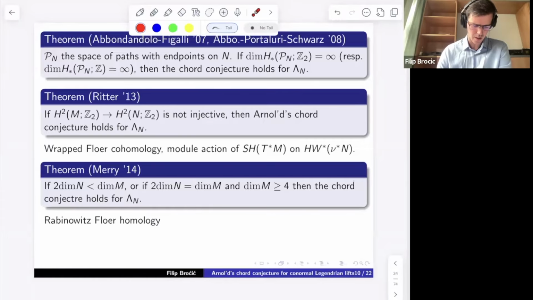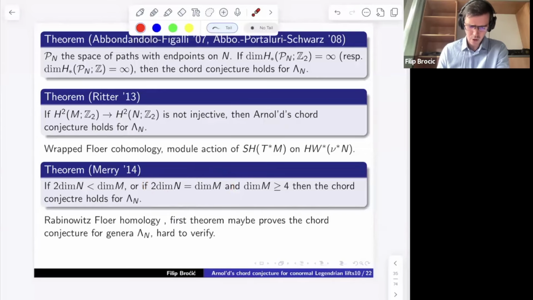Under the assumptions that the submanifold has dimension less than half of the ambient manifold, or if it is a half-dimensional submanifold and the ambient manifold has dimension bigger or equal than 4, then the chord conjecture holds for the conormal lift. And his proof was using a Lagrangian version of Rabinowitz Floer homology.